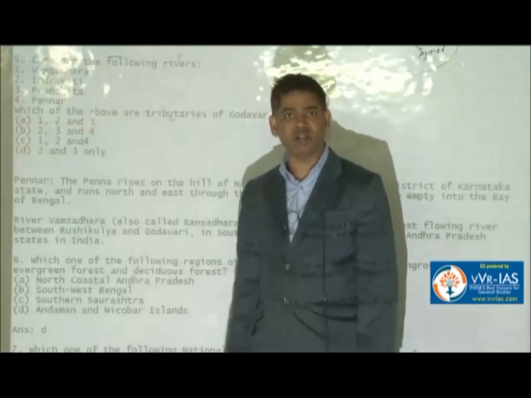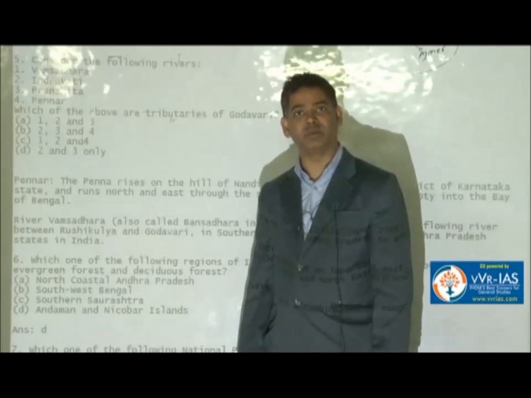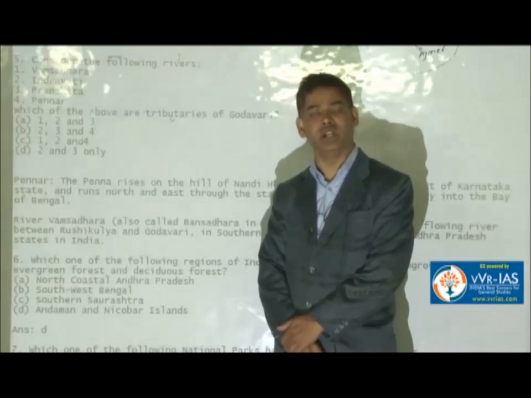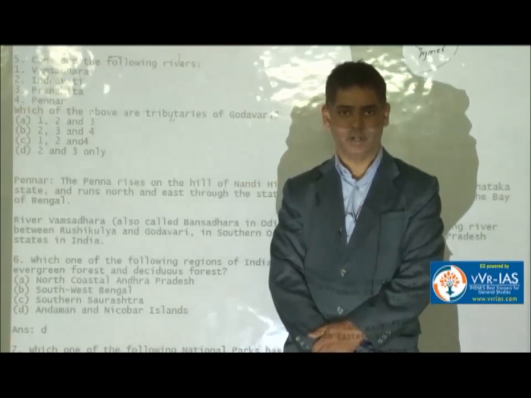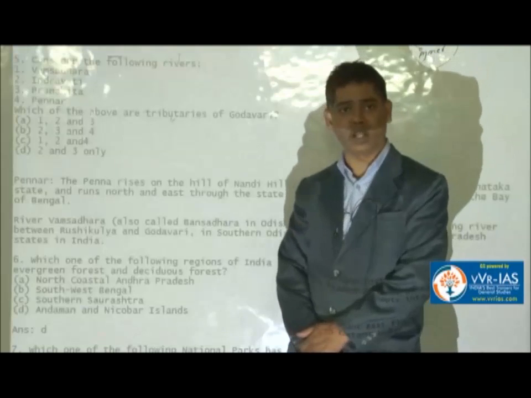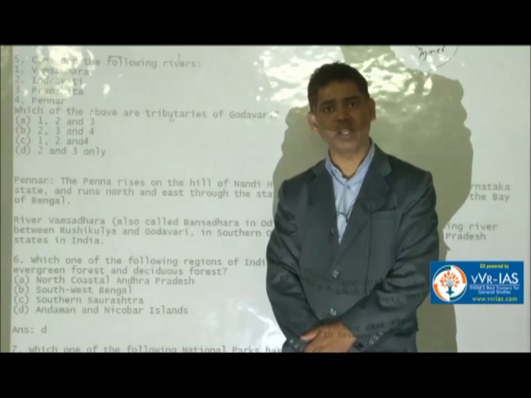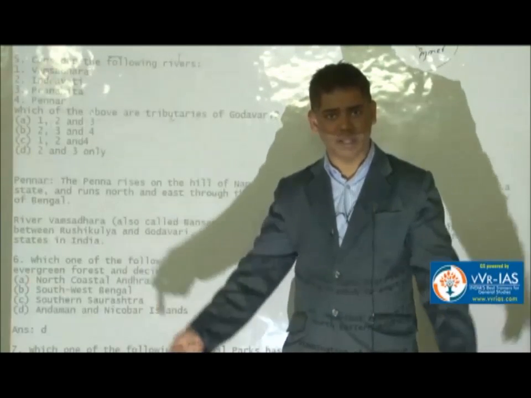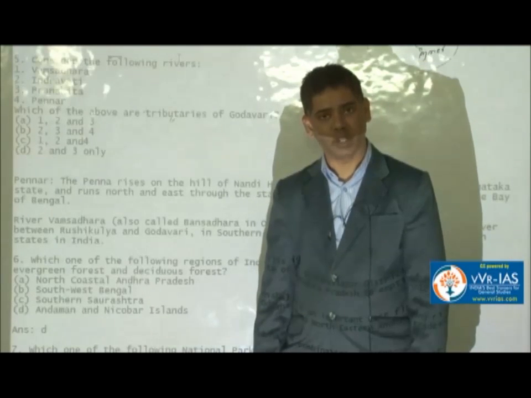This Pennar river, if you live in Bangalore, you must know Nandi Hill. You might be going for a weekend to visit Nandi Hill. From Nandi Hill, one river originates. The name of the river is the Pennar river, and it goes from Karnataka to Andhra Pradesh. It goes through the Nellore district of Andhra Pradesh, and sheds its water into the Bay of Bengal.